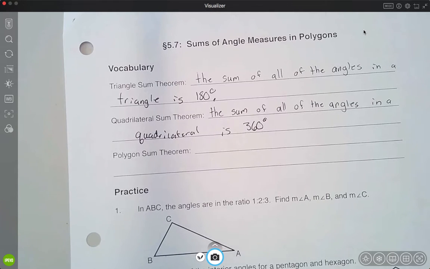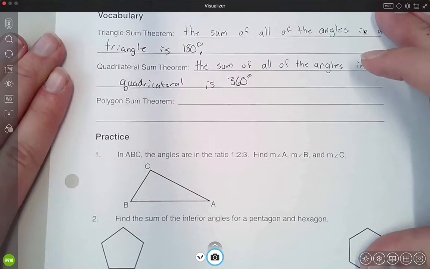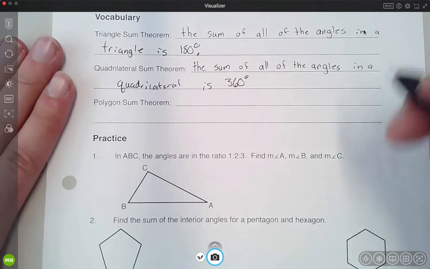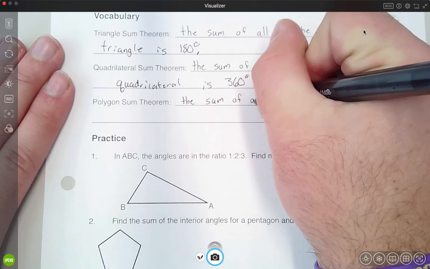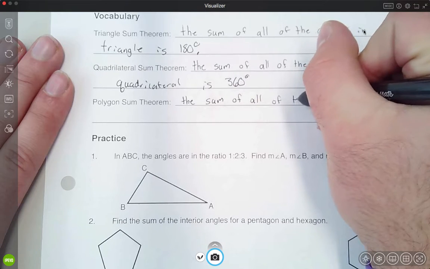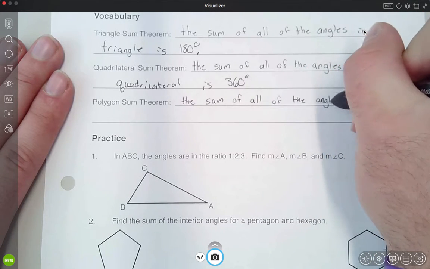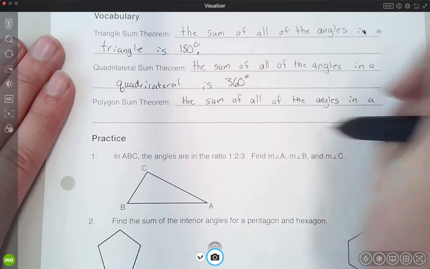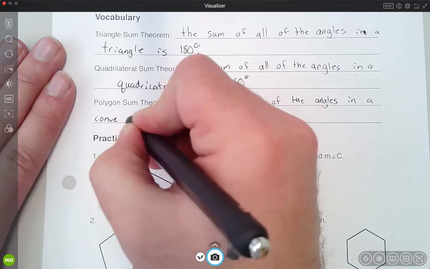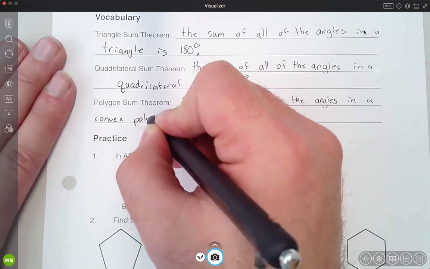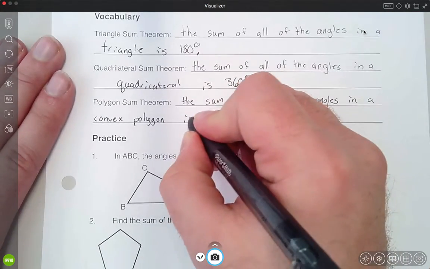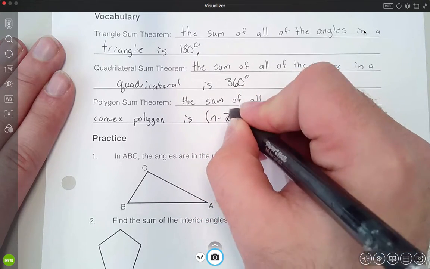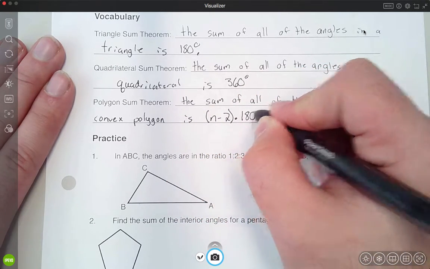Now we're going to take that and go in general for a polygon. So for a polygon, it does depend on the number of sides, so that needs to be incorporated somehow. So we're going to say that the sum of all of the angles in a convex polygon is going to be n minus 2 times 180, and that's degrees, okay?